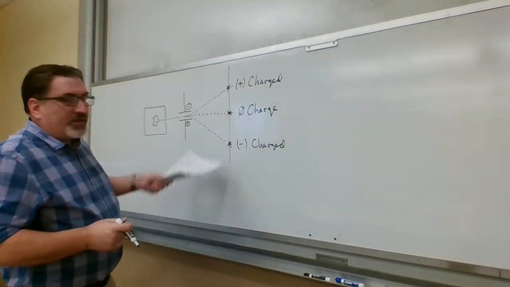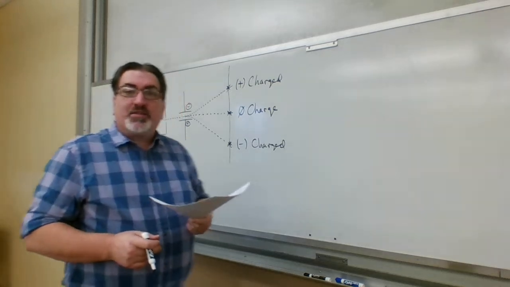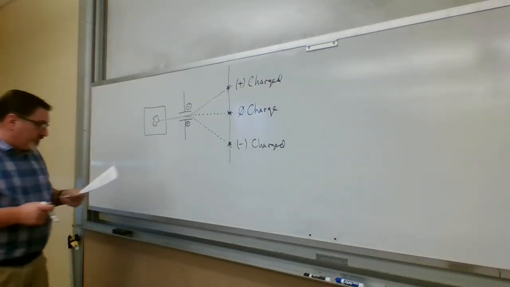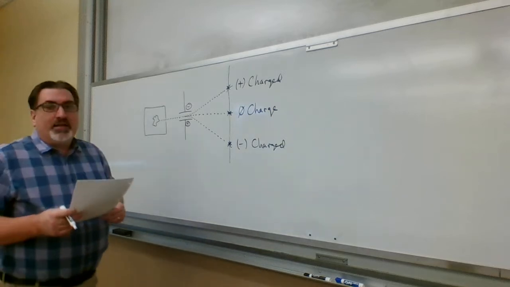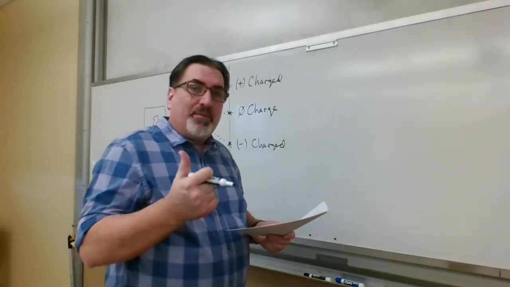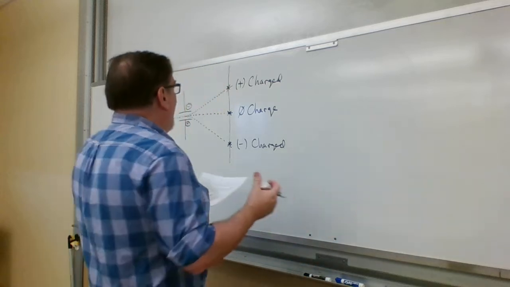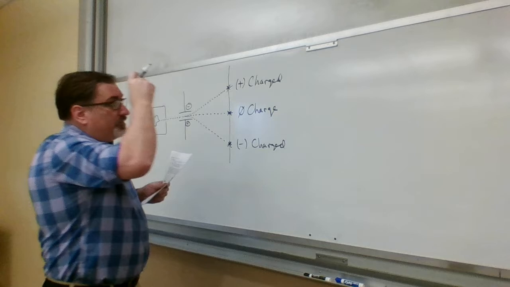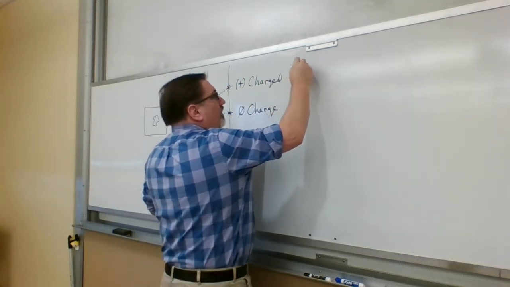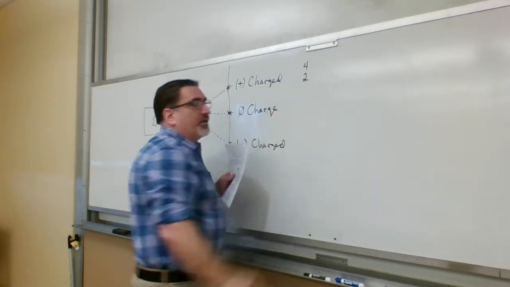And so they discovered that there were multiple types of radiations coming out of this material. And as they characterized them, they did quite a bit of geometry, quite a bit of physics, and they determined that the positively charged particle had a mass of 4 and a nuclear charge of 2.